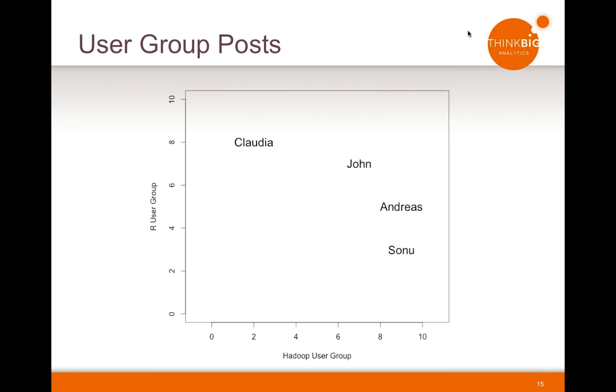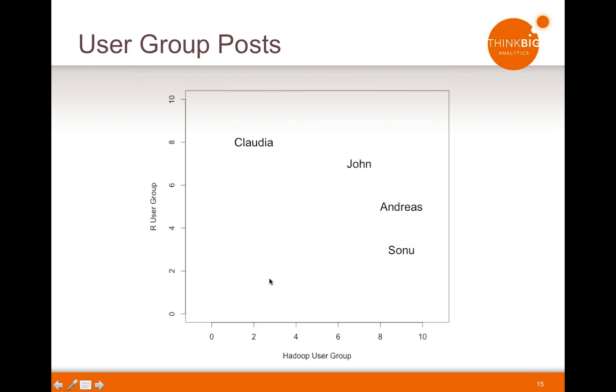So in the R user group, we have Claudia, who posted 8 different discussion items, and she only posted 2 to the Hadoop user group. Meanwhile, John posted 7 discussion items to the R user group and 7 to the Hadoop user group. Andreas and Sonu both posted, looks like 9 discussion items to the Hadoop user group, while Andreas only posted 5 and Sonu only posted 3 to the R user group.